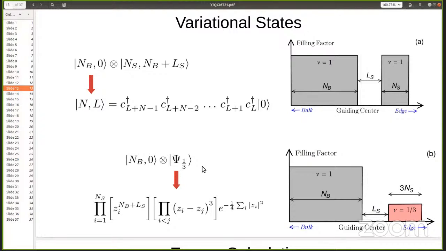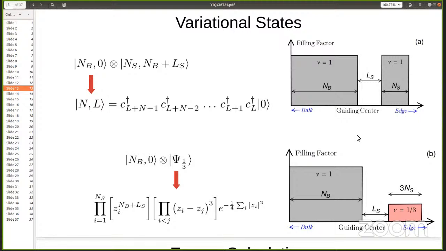Okay, so essentially we did a variational calculation with these two ansatz, and I will skip the details of how we did the calculation and just go to the results.